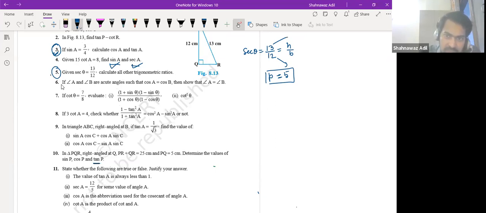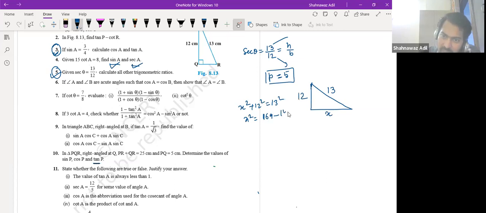How is P 5? Because from the Pythagoras theorem we get it. I already remember these results, that's why I have told you, but ultimately we have to use the Pythagoras theorem. Let's say this is x. So x square plus 12 square is 13 square. So x square is 169 minus 144, which is 25. So x is 5.